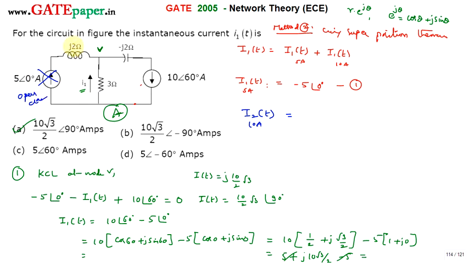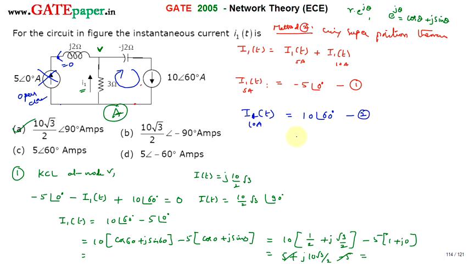When it is open circuit, no current is flowing into this inductor, so the current flowing through this one is 0. Simply the 10 ampere source is going in this direction. So I1 of t and 10 amperes are the same, both in the same direction. So I1 of t when 10 amperes is applied is equal to 10 of 60 degrees.